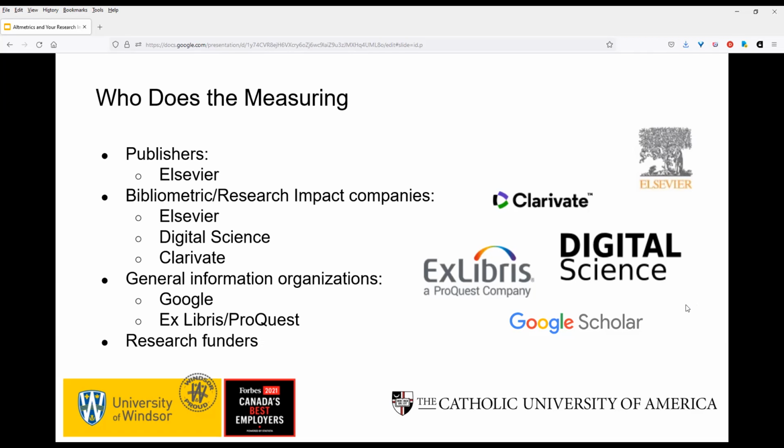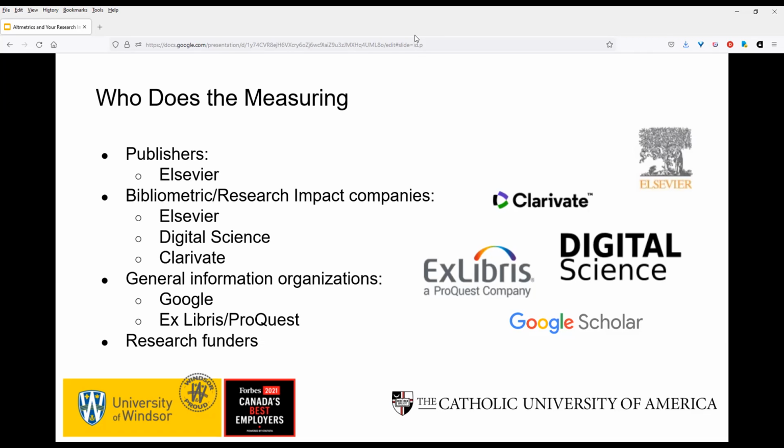Then you have specifically bibliometric and research impact companies like Clarivate, which used to be Thomson ISI, and so it has a long history there. Clarivate is now in talks with acquiring Ex Libris and ProQuest. And so there could be further consolidation on that front.